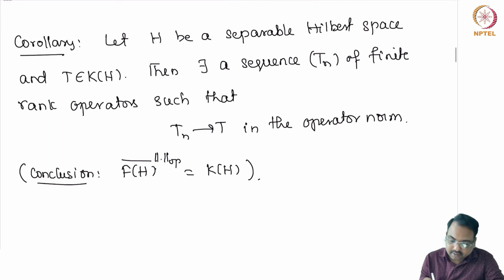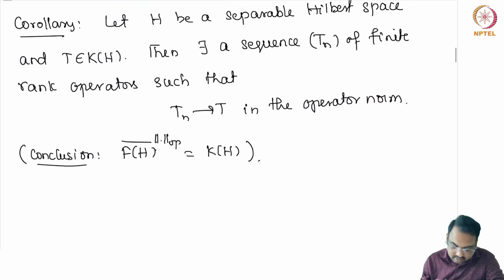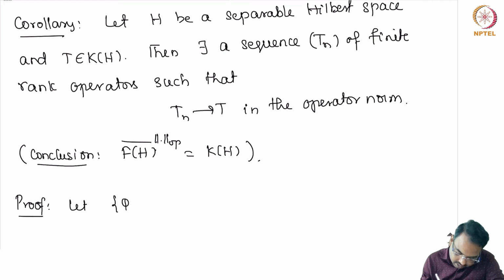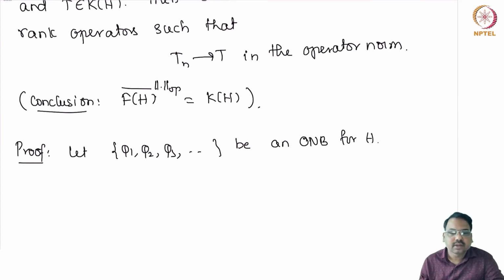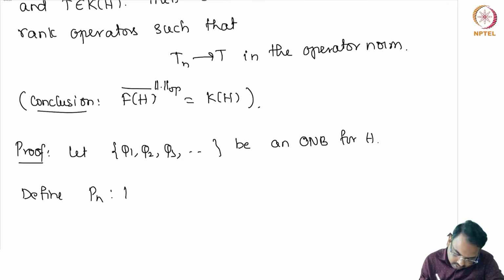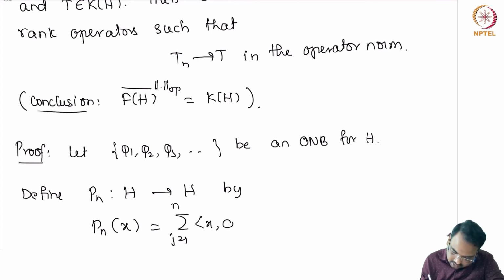Okay. So since H is separable, we can choose an orthonormal basis. Let phi 1, phi 2, phi 3, and so on be an orthonormal basis for H. So define Pn from H to H by Pn of x equal to summation j equal to 1 to n of inner product x, phi j, multiplied by phi j.